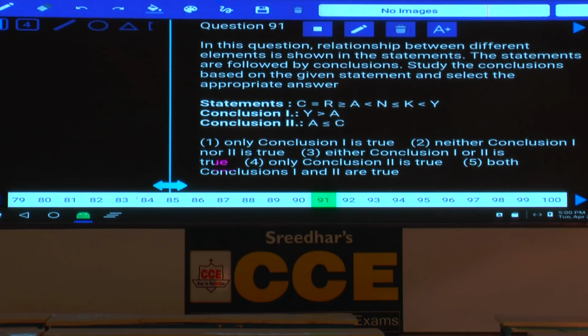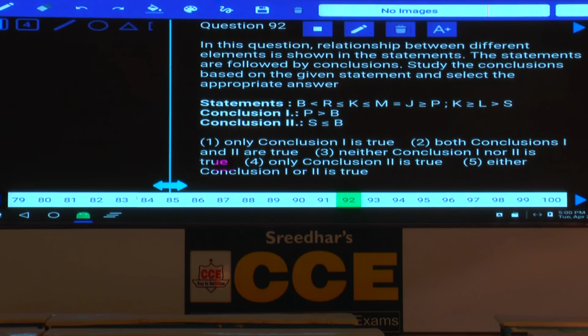In this coded inequalities, the relation between y and a: a lesser than y is true, y greater than a is also true, isn't it? Then the relation between c and a, forget about the equals to: c greater than or equals to a, a lesser than or equals to c is also true. Both the conclusions are true, both 1 and 2, that is given in choice 5. 91 choice 5.